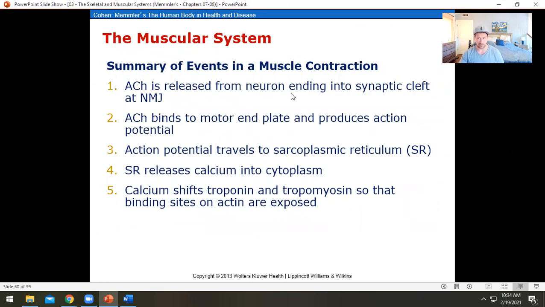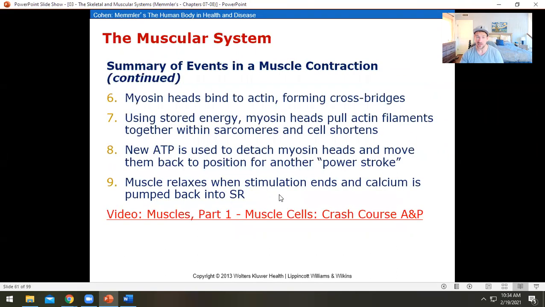So for every single muscular contraction you've ever made in your entire life, here is the order that it happens. Acetylcholine, the neurotransmitter, is released and it binds to the muscle. That creates an action potential, which releases calcium into the area. Calcium moves the regulatory proteins out of the way.